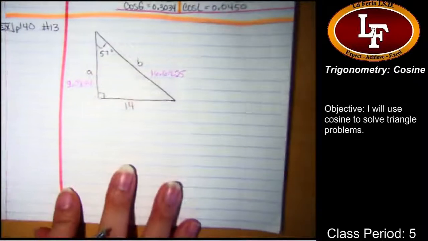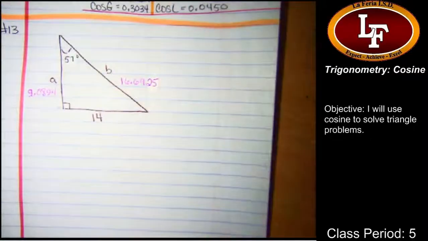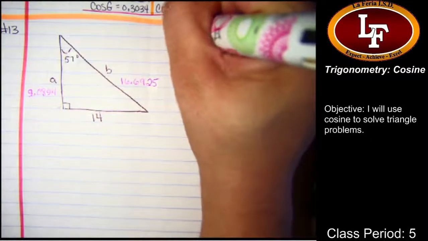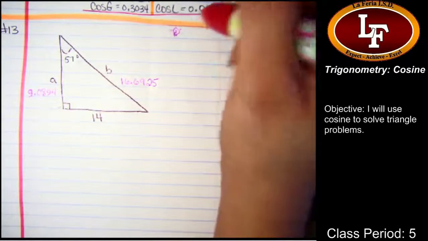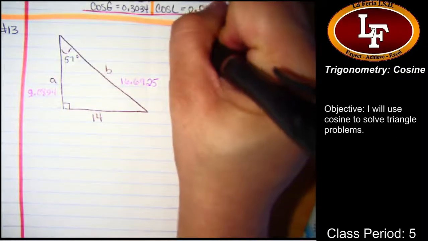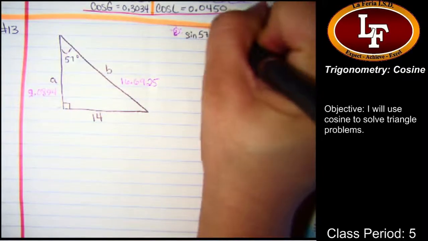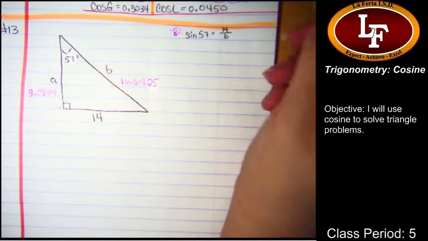All right. So that's what we got yesterday. And then over here, I'm going to very quickly write down what we did to remind ourselves. Yesterday we took the sine of 57. We set it equal to the opposite over the hypotenuse.